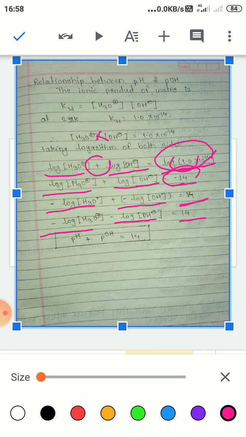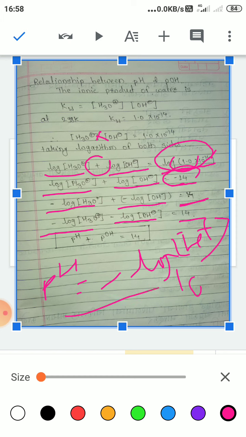We have seen the definition: pH is equal to negative log to the base 10 of the concentration of H+ ion.